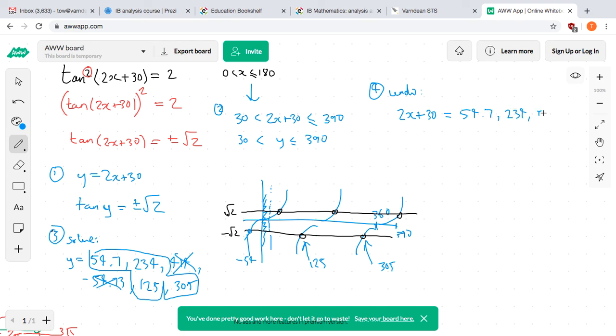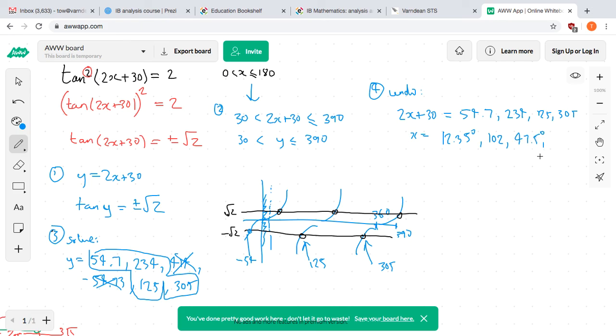Just write them out again. So x must be, we'll take 30 away and divide by 2. That will solve it. 54.7, take away 30, divide by 2: 12.35 degrees. 234, take away 30, divide by 2: 102. 125, take away 30, divide by 2: 47.5.